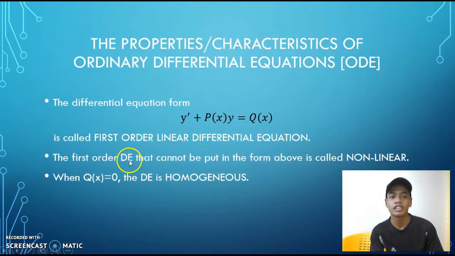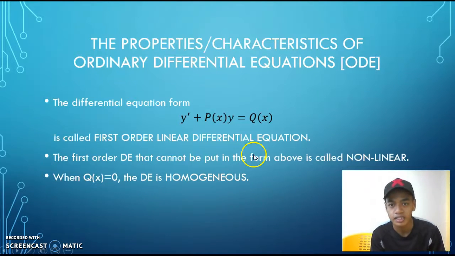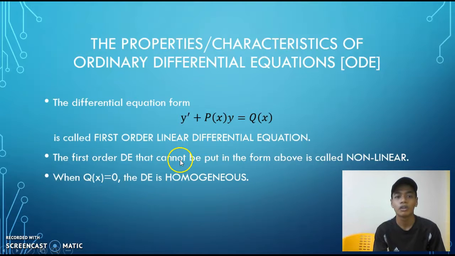The first order differential equation that cannot be put in that form is called nonlinear, because this form only has y prime and y to the power of 1. When q(x) is 0, the differential equation is known as homogeneous. Otherwise, when q(x) is not equal to 0, the differential equation is non-homogeneous.